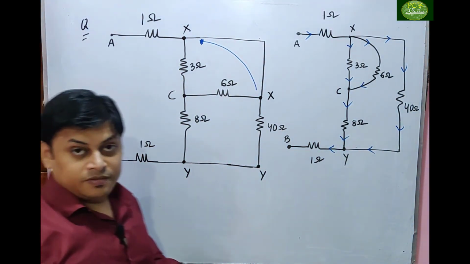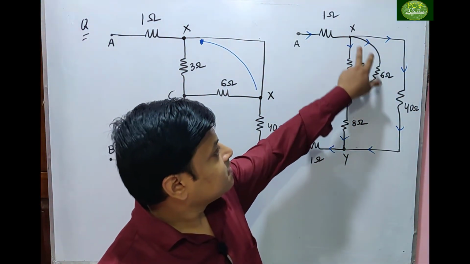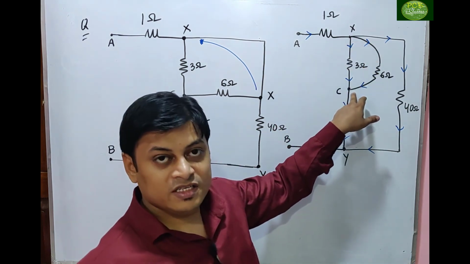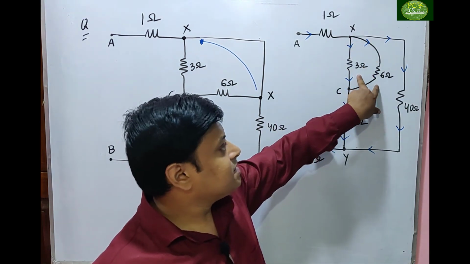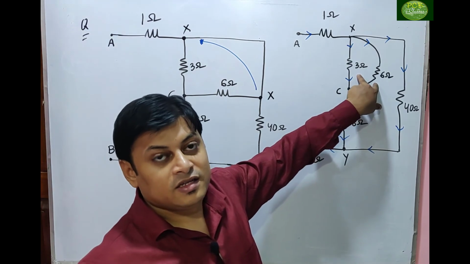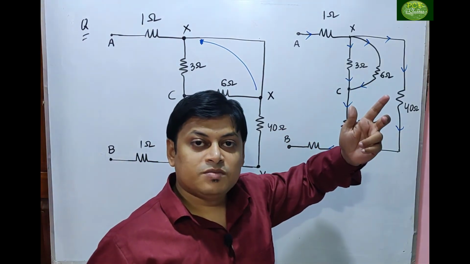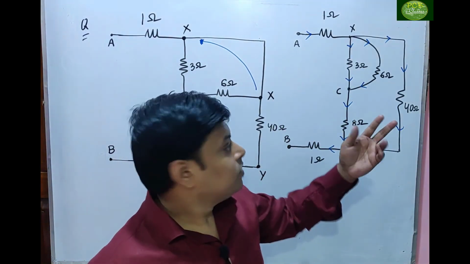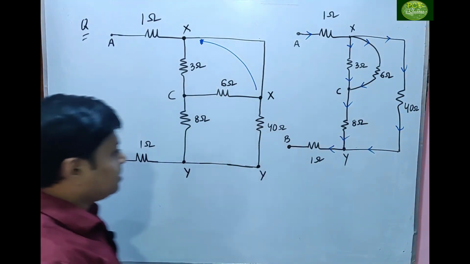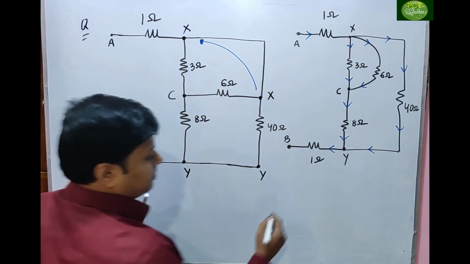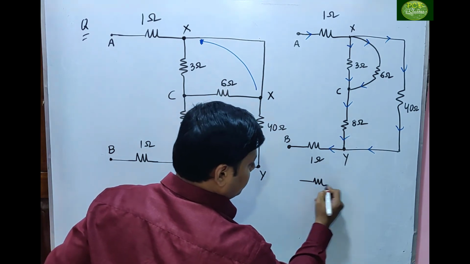Fine. Now see, 3 and 6, starting point is x, ending point is C. Can I say 3 and 6 are parallel? Yes. 3 and 6 parallel we have done in the previous problem. What is it? 2 ohm. 2 ohm. So we will redraw this one in a proper way. This will be 1 ohm.